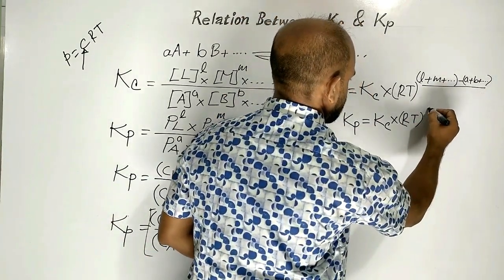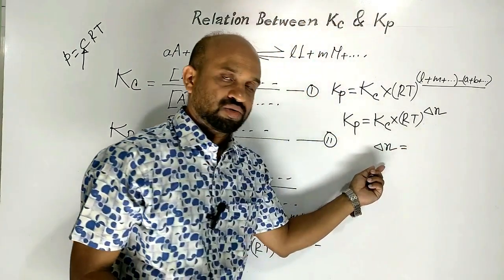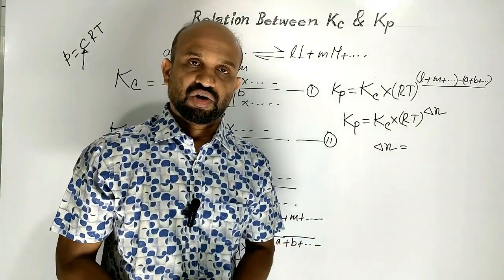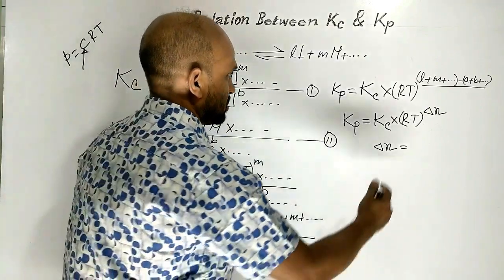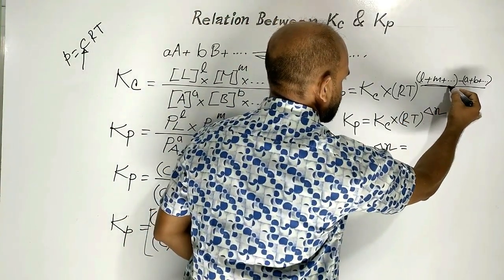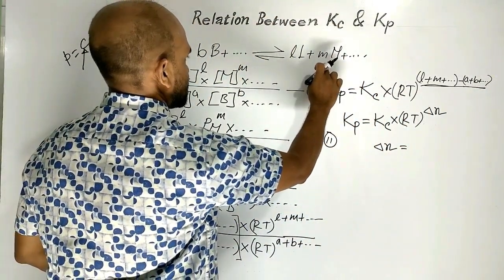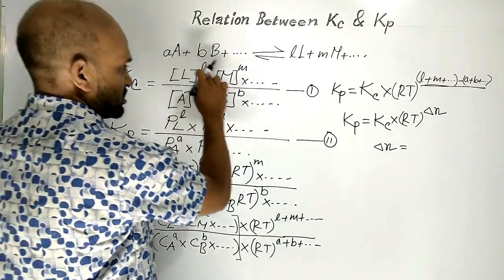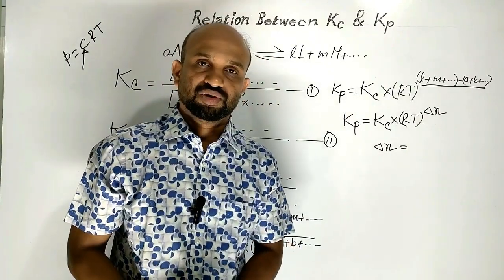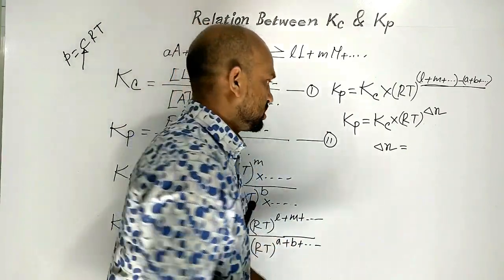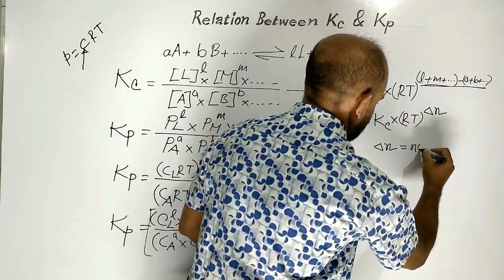This power we can write as delta n. Here delta n is equal to the difference between the number of moles of products and reactants, that is, number of moles of products minus number of moles of reactants.